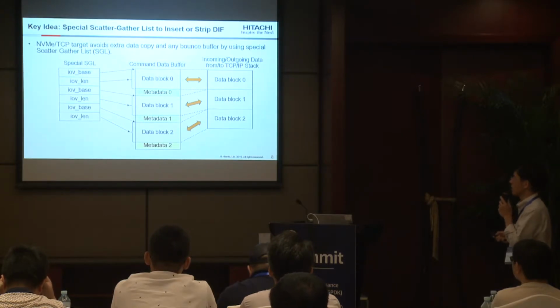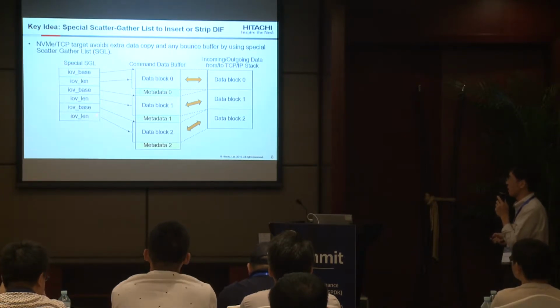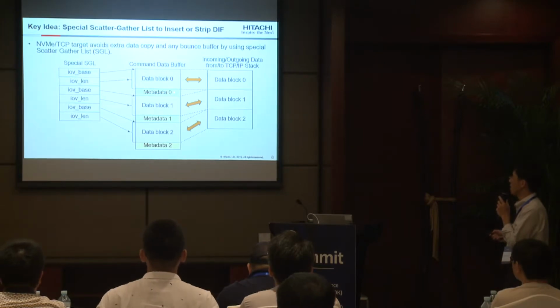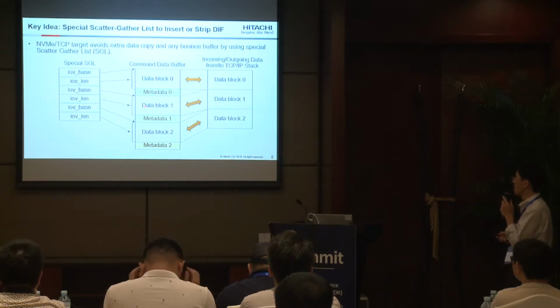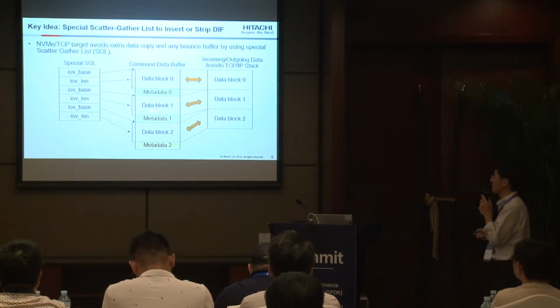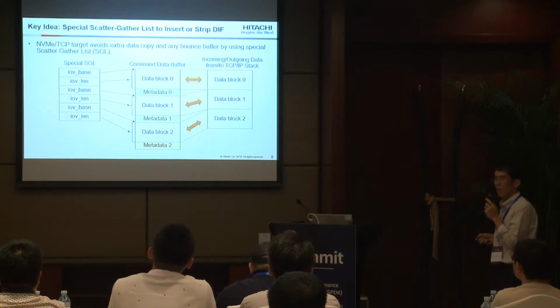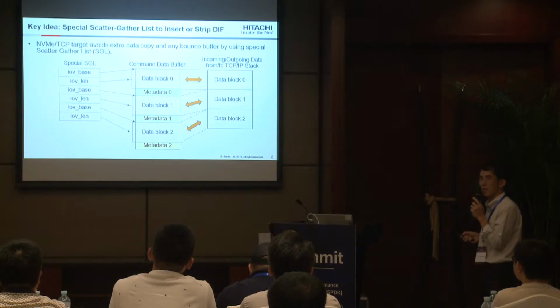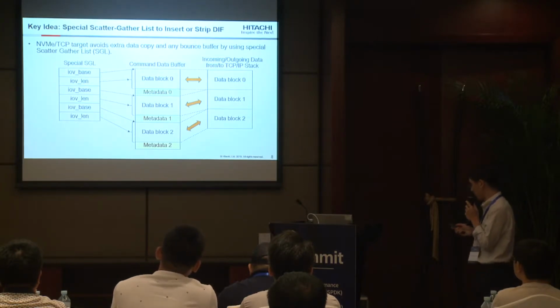We also create a special scatter gather list, and at this time we use this list as a gather list, so we ignore these metadata spaces and transfer only the data blocks to the initiator or host. So this is the key mechanism for how we achieve the software-defined DIF insert and strip feature.